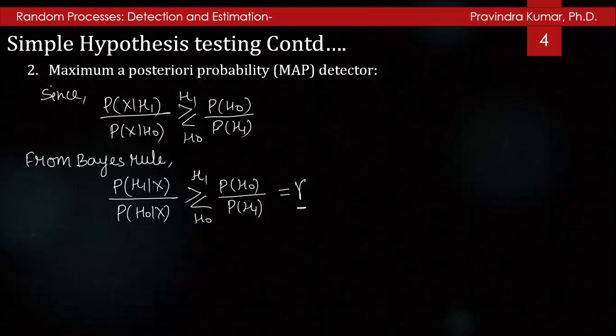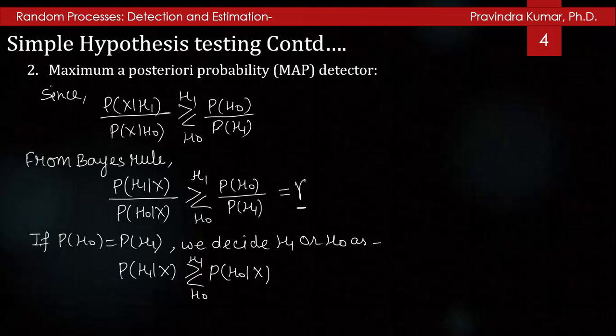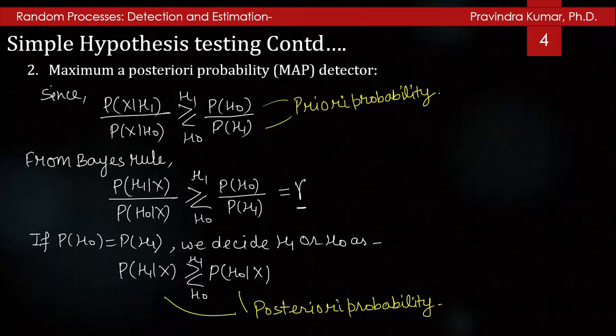So if P(H0) is equal to P(H1), then we decide H1 or H0 according to whether P(H1|x) is greater than or less than P(H0|x). Here P(H0) and P(H1) are the prior probabilities, and P(H1|x) and P(H0|x) are the posteriori probabilities, meaning probabilities computed after the observation has been made.